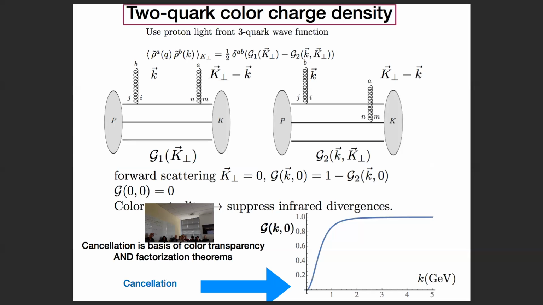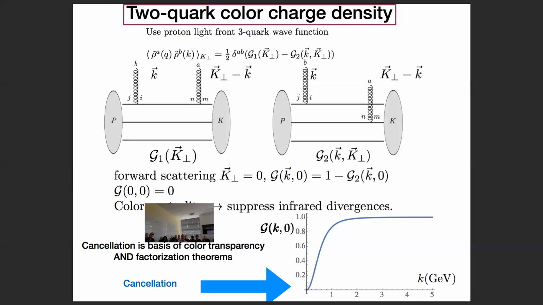Especially interesting to me, and I think it's sort of a check on the calculation, if you take this momentum to 0, then G2 has the same normalization expression as G1 does, and no momentum coming in. So you get 1 minus 1 in the limit that k is going to 0, so that's 0. We'll see that this comes in the calculation from the color neutrality, and that this is important in suppressing infrared divergences.